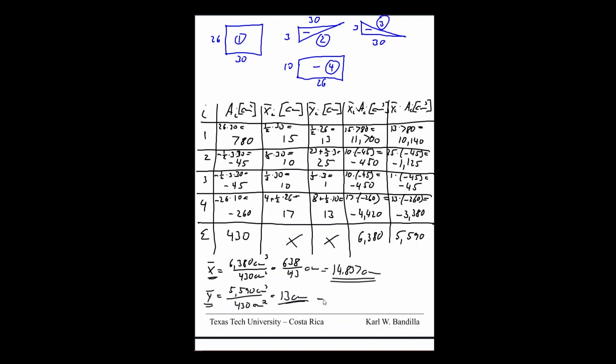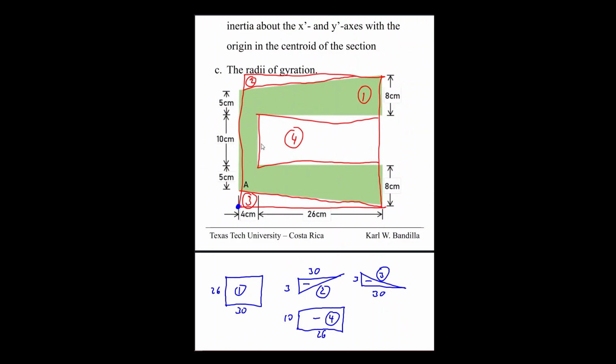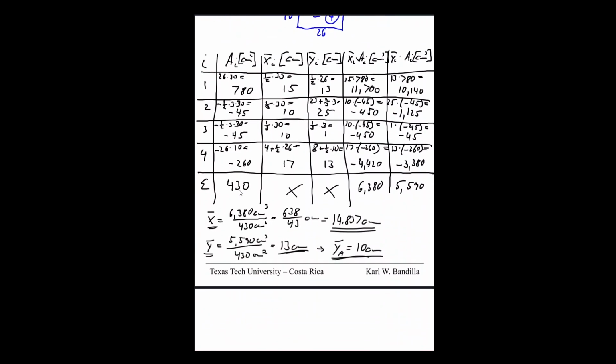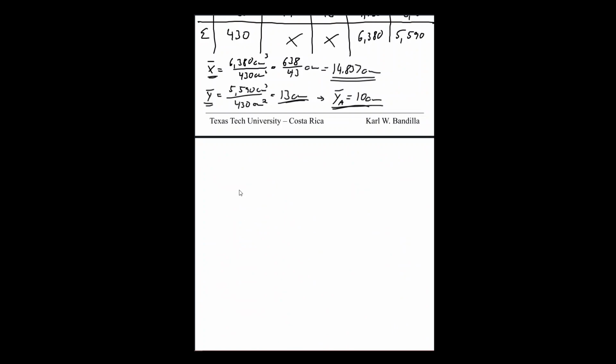Now, if I wanted to get it in terms of A, right, then all we'd have to do is subtract 3 centimeters, so it'd be 10 centimeters, right? Basically, if I say the distance to the centroid is 13 centimeters from this point, then the distance from that one is just 3 less, right? So the y one stays the same. All right, so that gives us our centroid.